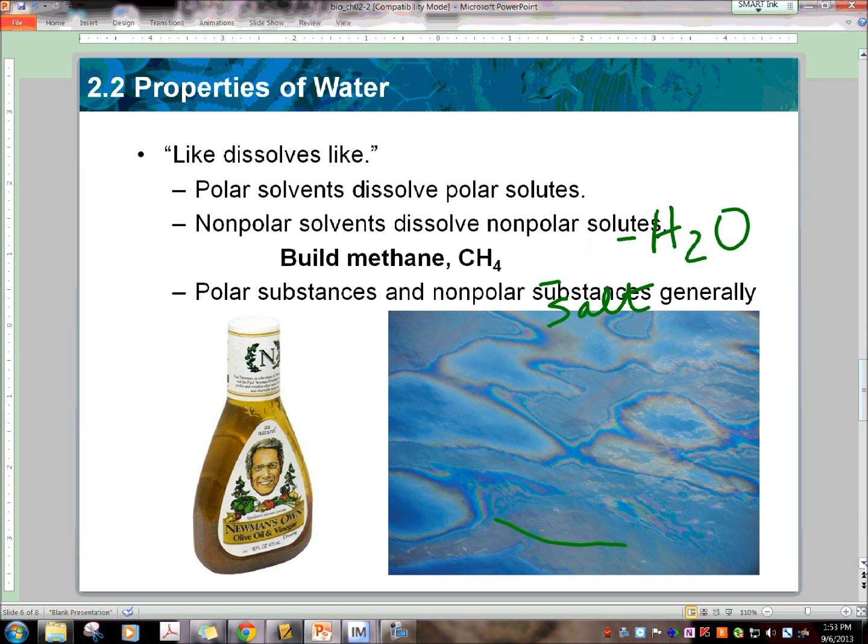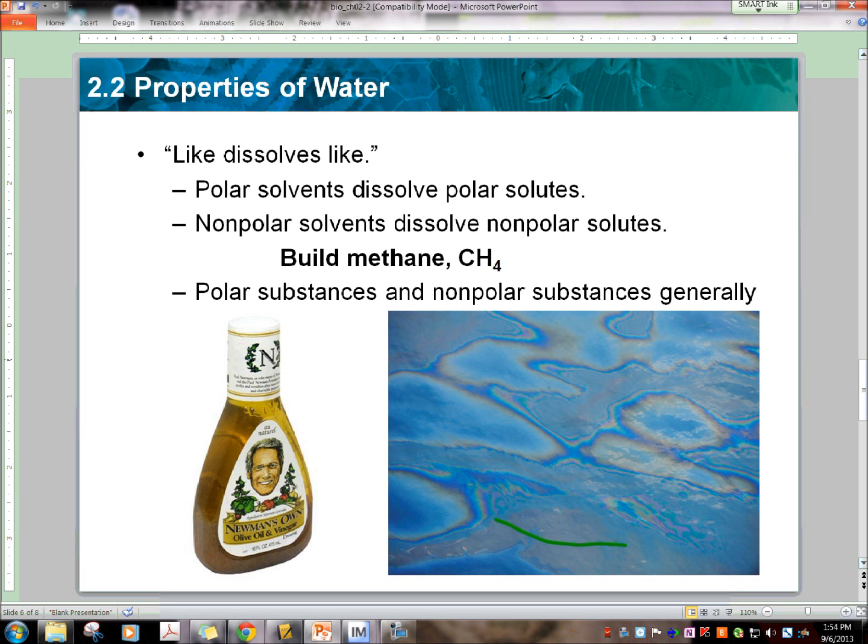We're going to get to acid. Oh, not yet, I'm ahead of myself. Okay, here, people, you need to realize that likes dissolve likes. Let's think back to class yesterday. Water is what type of molecule? Polar or non-polar?